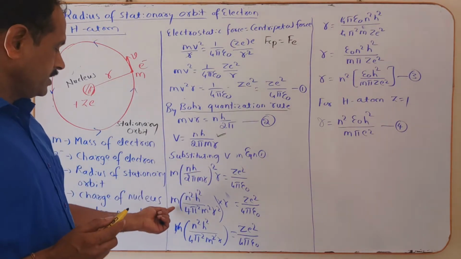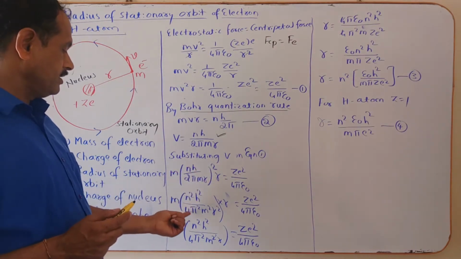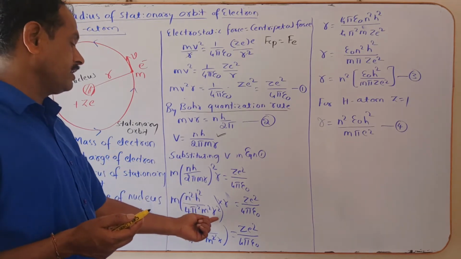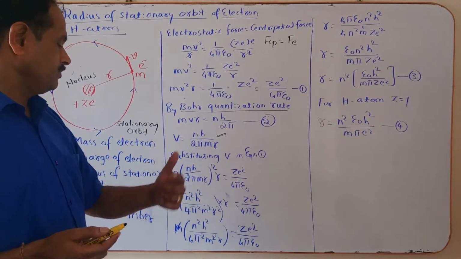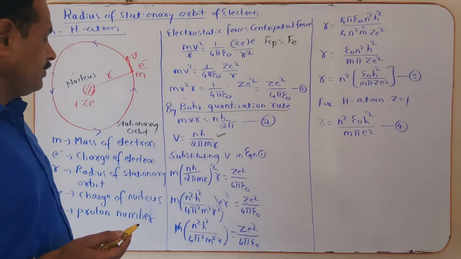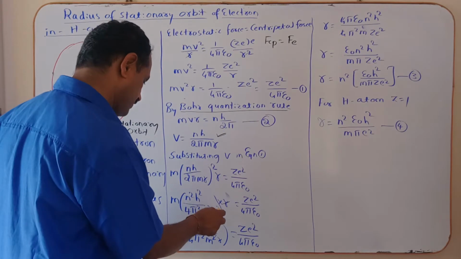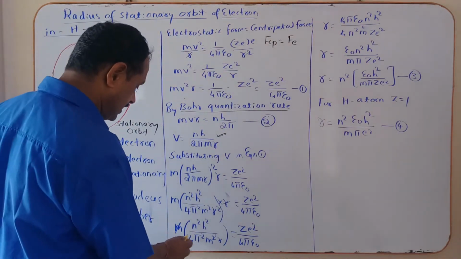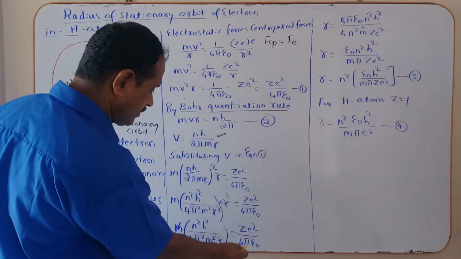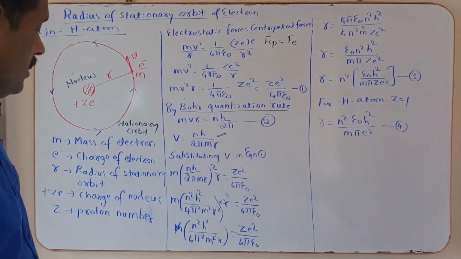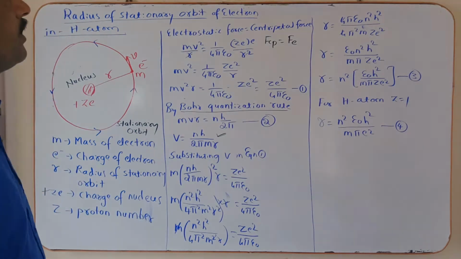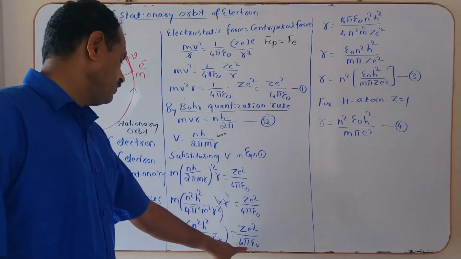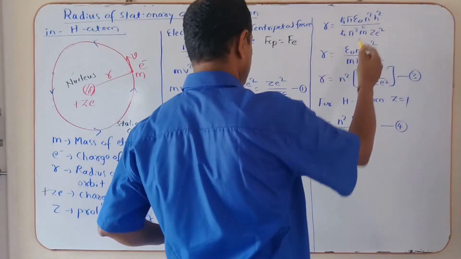That is m into n square h square upon 4 pi square m square r square into r, equal to ZE square divided by 4 pi epsilon naught. Now one r cancels, one m cancels, and as it is, ZE square divided by 4 pi epsilon naught.